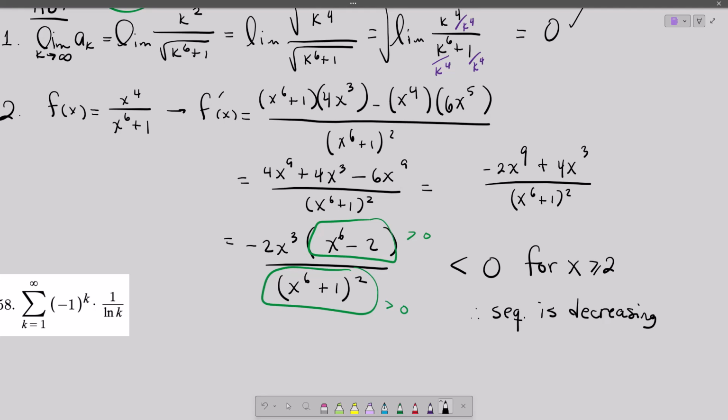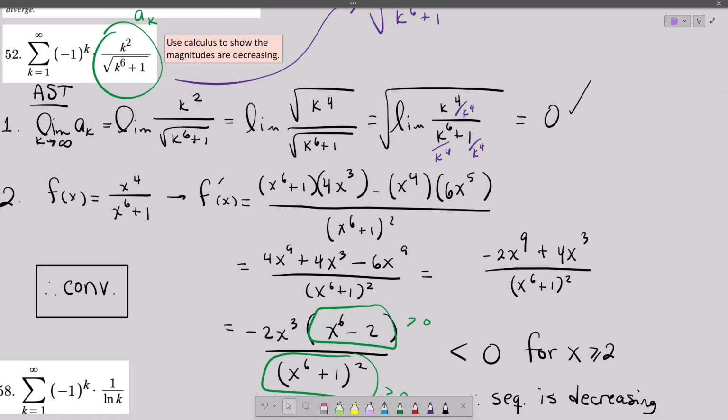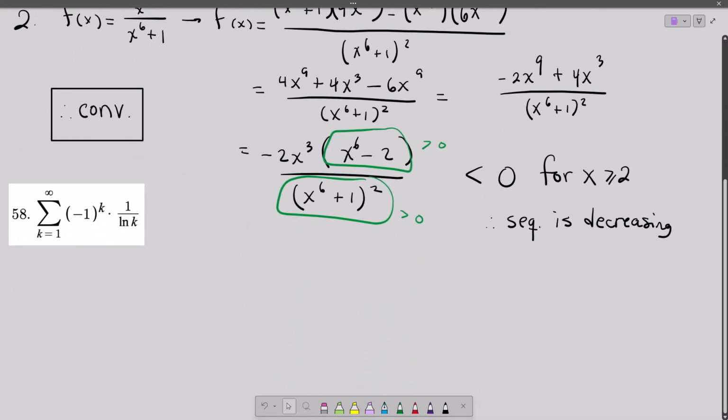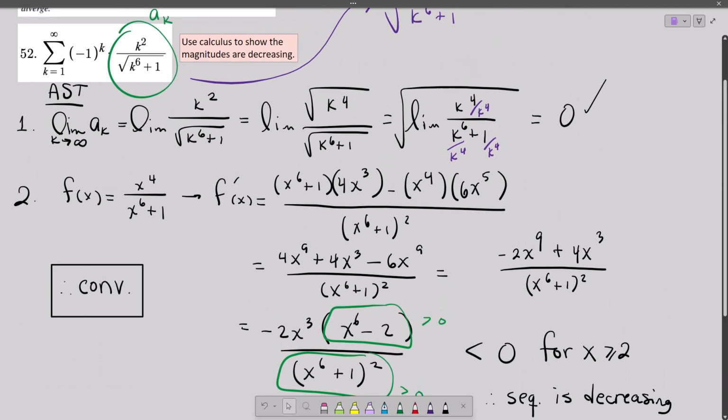Okay, so our conclusion here is that we have convergence for the original series. The alternating series test tells us that this series converges. Now it's got minuses in it, it's an alternating series. So then we have to decide, does it converge absolutely or conditionally? So then we take the series of absolute values, we just take away the switch.